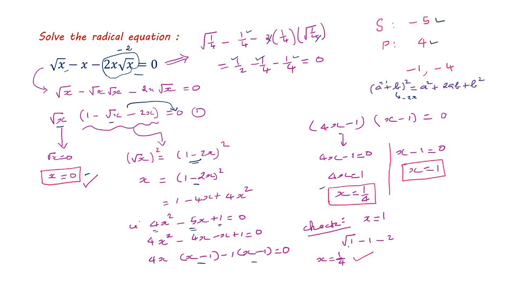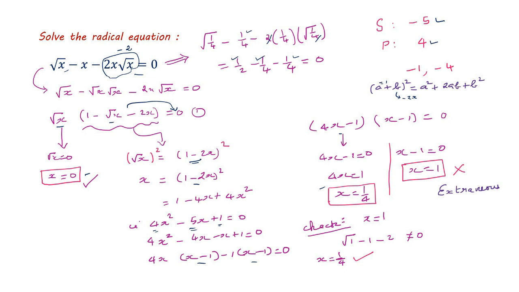Therefore you get root of 1 minus 2, which is not equal to 0. Therefore x is equal to 1 is not to be accepted, and it is called an extraneous solution because it does not satisfy the original equation.